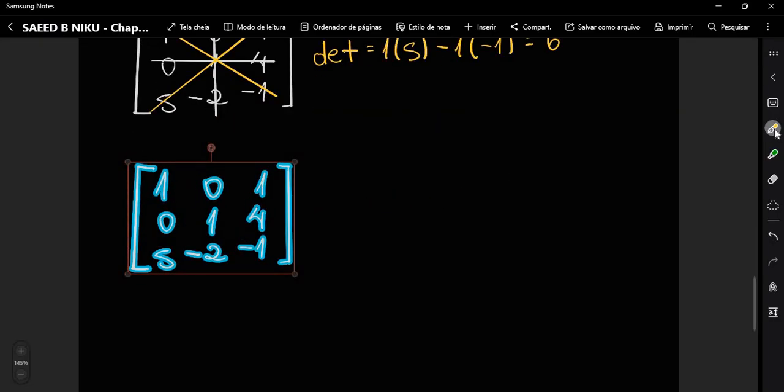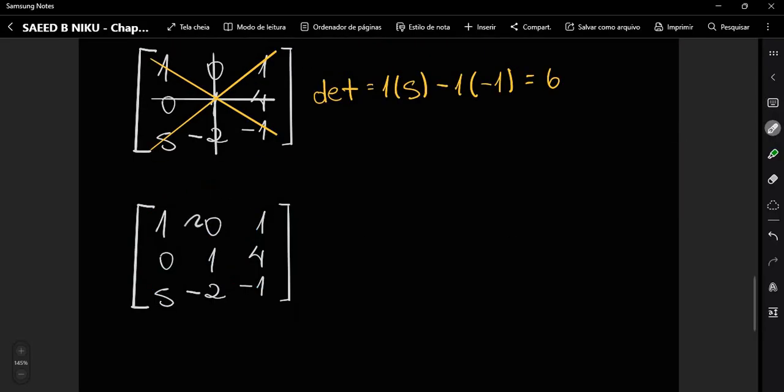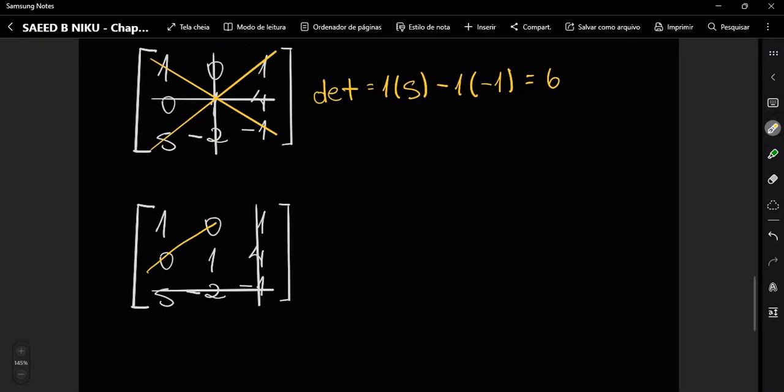And finally, the last term, entry, element, whatever you want to call this. We block out the column, we block out the line, and calculate the determinant of what is left, which is equal to 1.